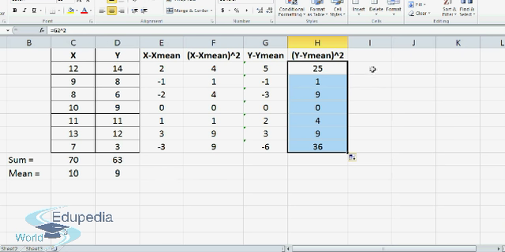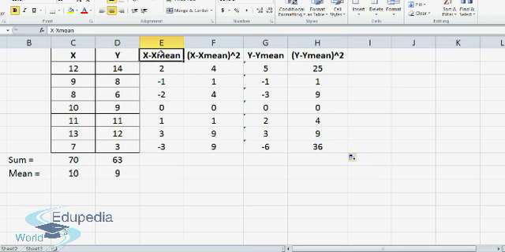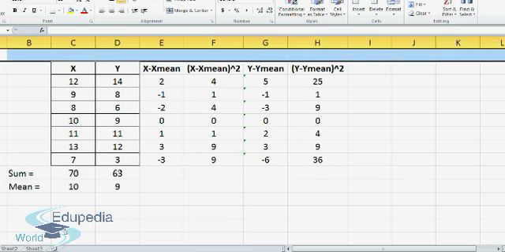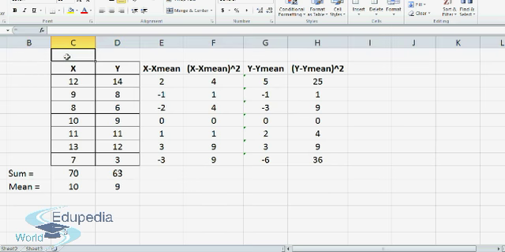And what next? Next we need to find the product of xi minus x bar times yi minus y bar. That is the product of this column and the column here. So let me put numbers here as reference numbers. This is 1, 2, 3, 4, 5, 6, 7.